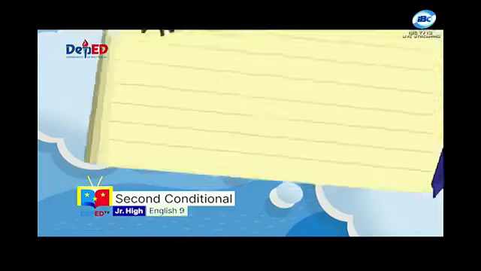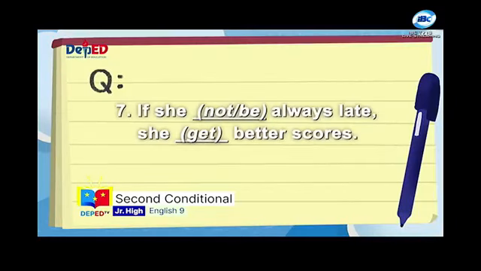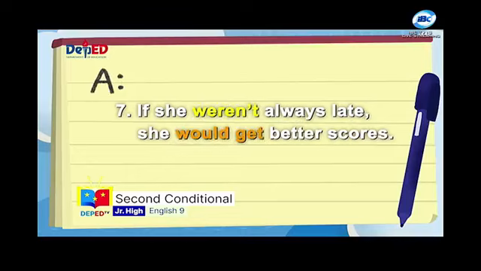Number 7. If she blank always late, she blank better scores. This one has a negative clause. How should we write this sentence? Correct. If she weren't always late, she would get better scores. You're getting really good at this.